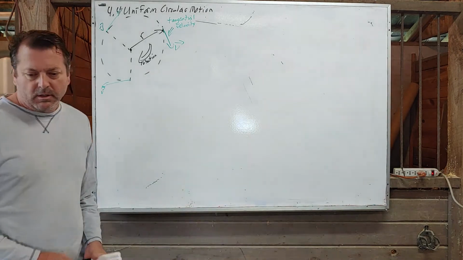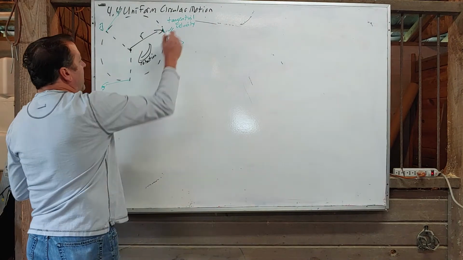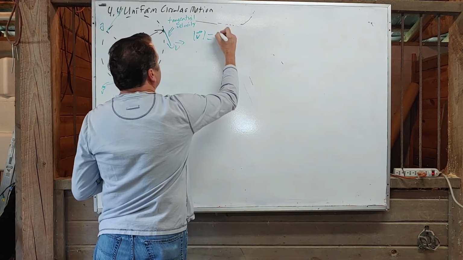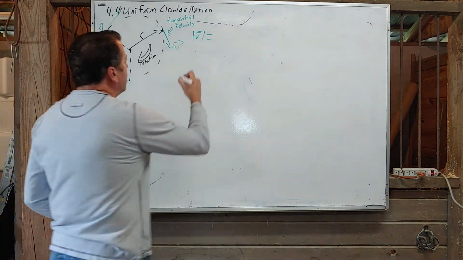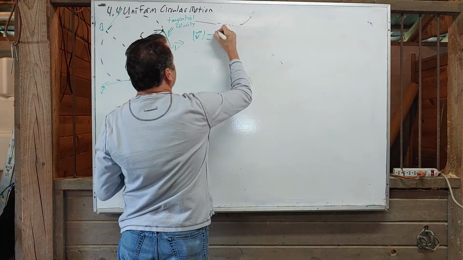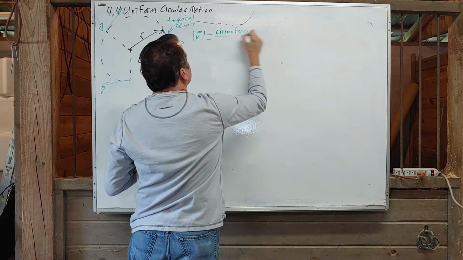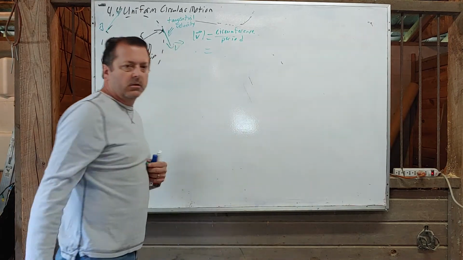Alright. Now, for uniform circular motion, how do we find the magnitude of this velocity? Well, it would just be how far you went around over the period. So for the whole circle, it's the circumference over the period, the time for one rotation.